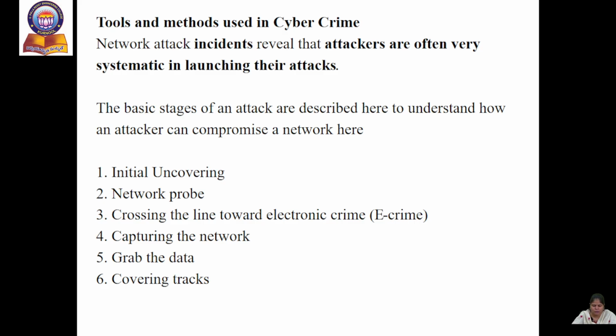The first stage is initial uncovering. Next one is network probe, crossing the line toward electronic crime, that is e-crime. Then capture the network, grab the data, and cover the tracks.